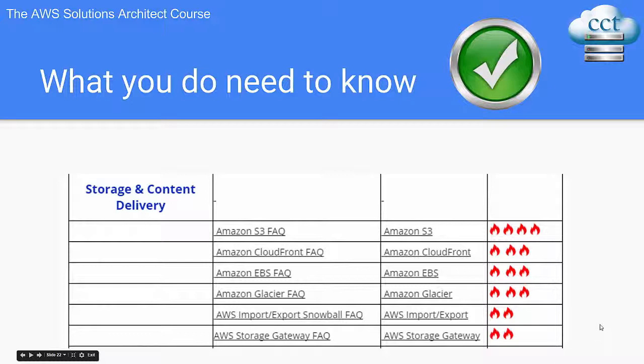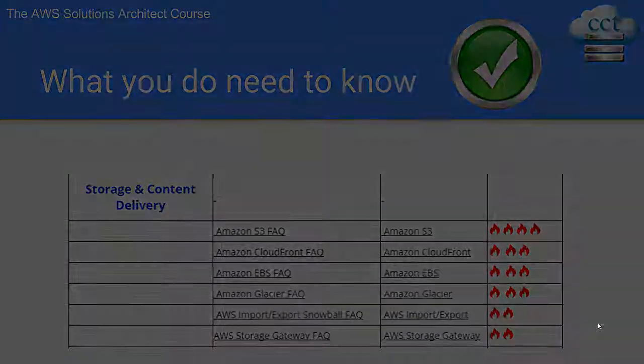Storage and content delivery, very important aspect of AWS, and these are the ones you need to concern yourself with surrounding this exam. S3 probably being the most important. There seem to be a lot of questions on S3, which we will get to and go through.